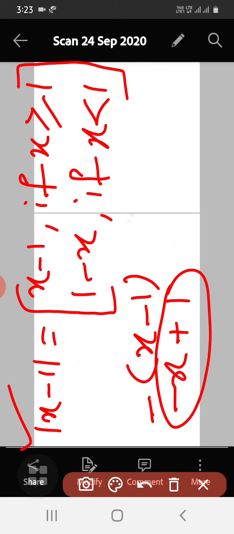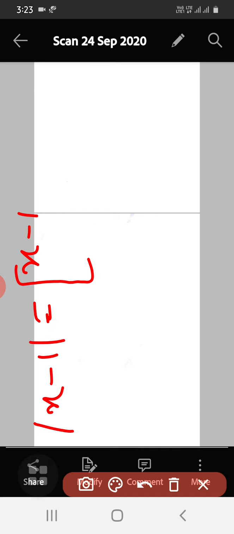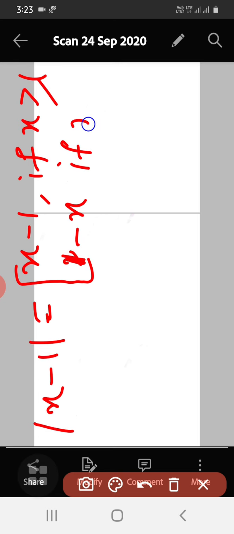So mod of x minus 1 is equal to x minus 1 if x is greater than or equal to 1, and 1 minus x if x is less than 1. Okay, so let us find the left hand derivative.